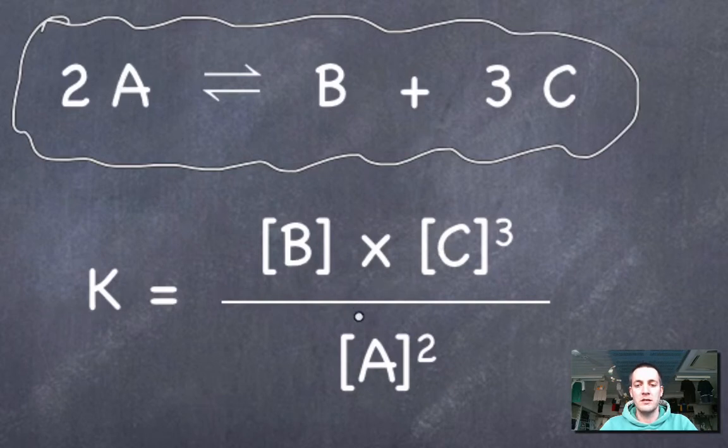A is our reactant, so it's at the bottom. But notice that because there are two A's in the equation, we square the A term, and because there are three C's, it's the concentration of C cubed. So this would read as the equilibrium constant for this reaction is equal to the concentration of B multiplied by the concentration of C cubed divided by the concentration of A squared.